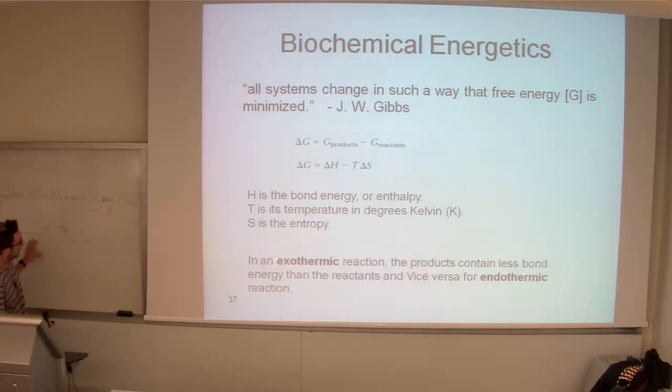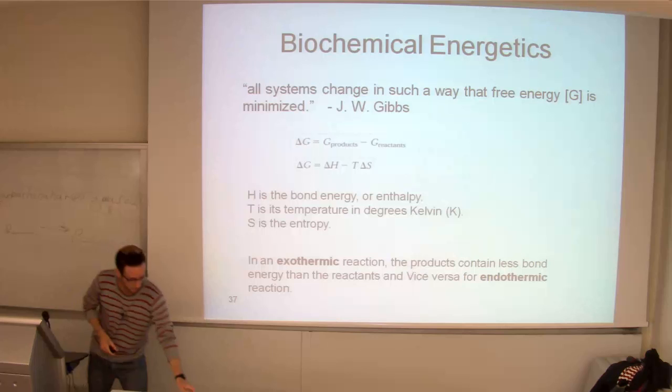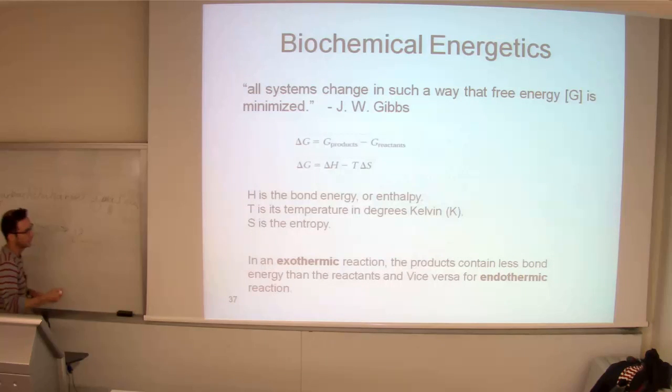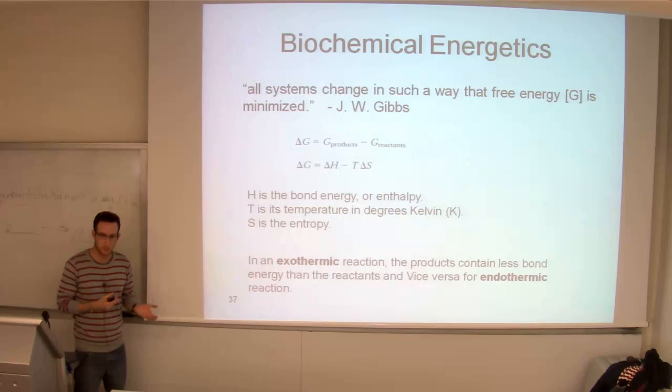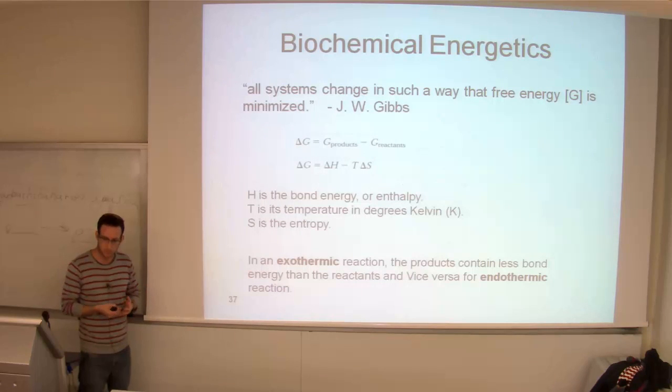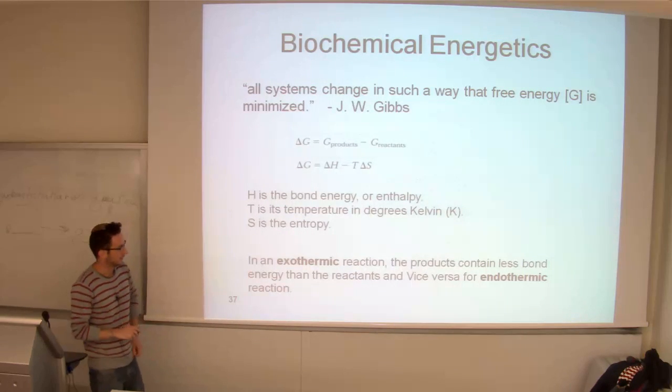An exothermic reaction will tend to have a more minimized delta G, and so will be more favorable thermodynamically than an endothermic reaction. And what happens mostly in cells is that these two sorts of reactions, endothermic and exothermic, are coupled together. So the one gives energy to the other. And we'll see examples later on.